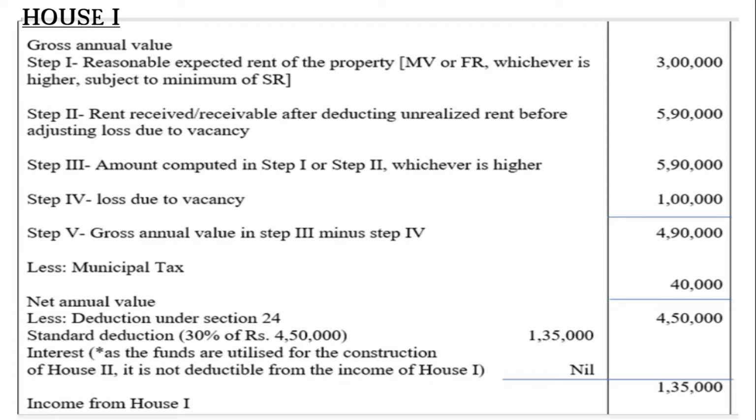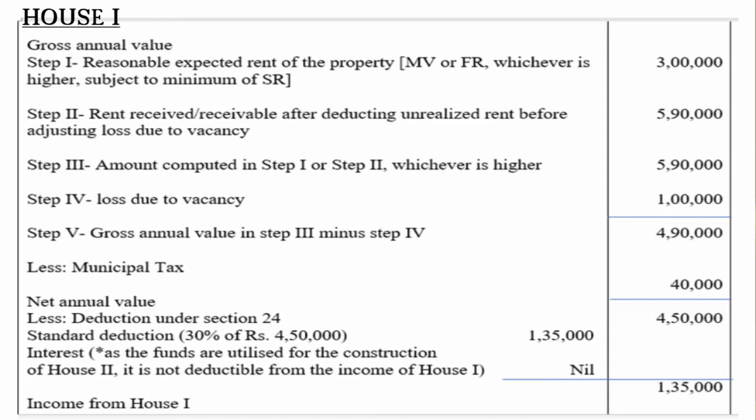Now let us see the solution to the problem. First, house 1. To calculate the gross annual value, we first have to know the reasonable expected rent of the property. So step 1, we have to find out the reasonable expected rent of the property. What is the higher of municipal value or fair rent?